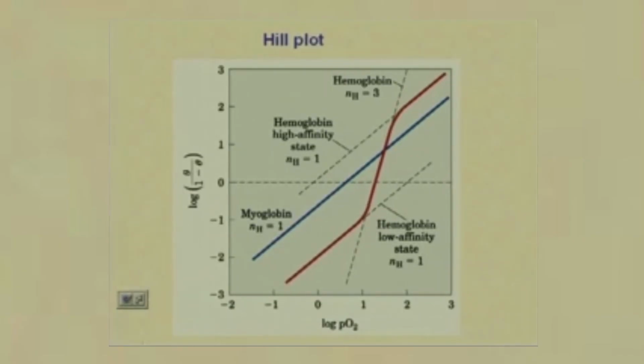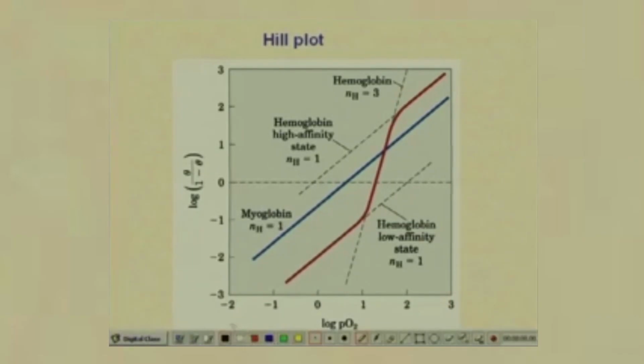That is going to happen at a specific pressure. So when you reach that pressure, then what is going to happen? If we reach this pressure, say at this point here, what do we have at this point? At this point, we have the nH, that's the Hill coefficient, equal to 1, because the ligand molecule has not yet bound to the heme.